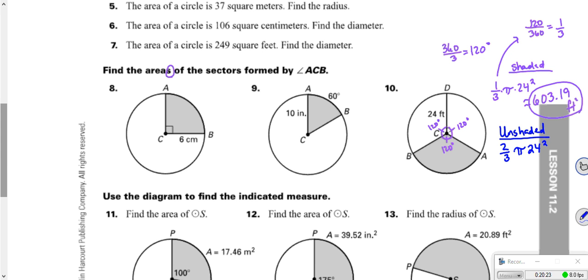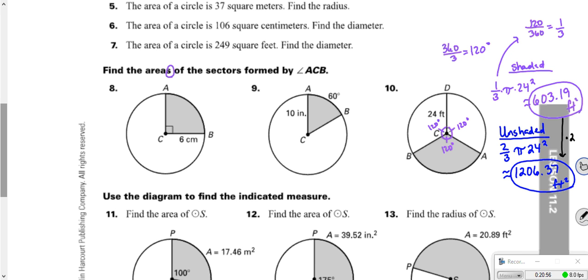So again, poke that in my handy dandy calculator and I get 1206.37 feet squared. Now, you can also keep in mind 2/3 is twice 1/3. So what I actually did on this one, I wanted to set up both of them, but what I actually did was take this 603 and multiply it times 2. And that gave me that.